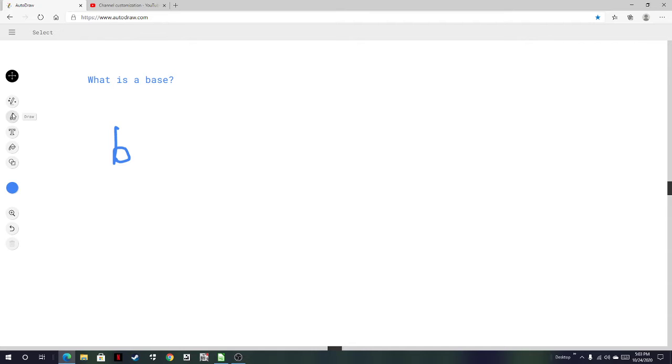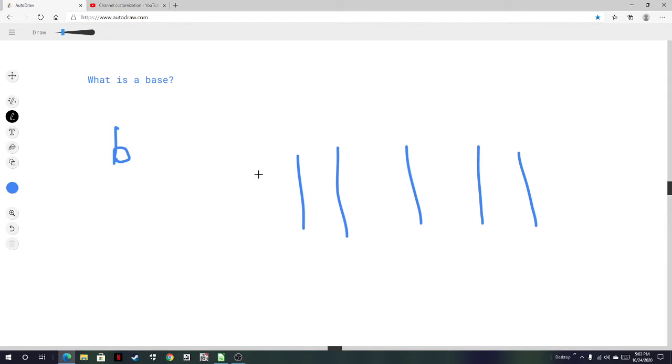But there are other bases too, like let's say binary. We actually need a lot of columns for this. Let's say we want to write 42. That's 1, 0, 1, 0, 1, 0. That's 1 times 2 to the 5th plus 1 times 2 cubed plus 1 times 2 to the 1st.